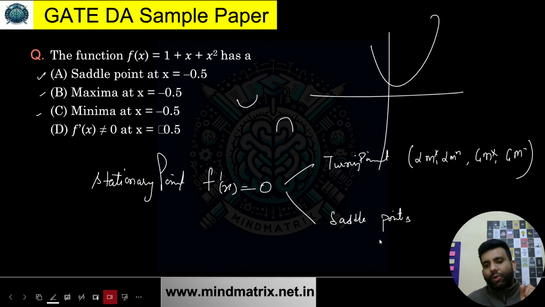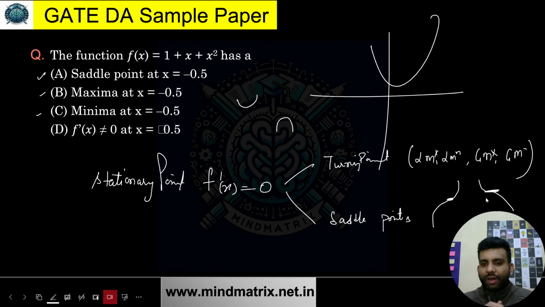Another is a saddle point, which would be something like this. These won't be turning points. If I had a function like this, there would be a point where it was just straight, such that the slope was 0 at that point. So that is going to be a saddle point. Similarly, I can draw it like this also. Over here also we have a saddle point, where my function is not exactly turning, but my derivative at that point was 0.